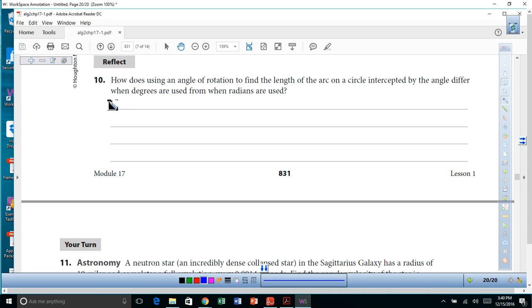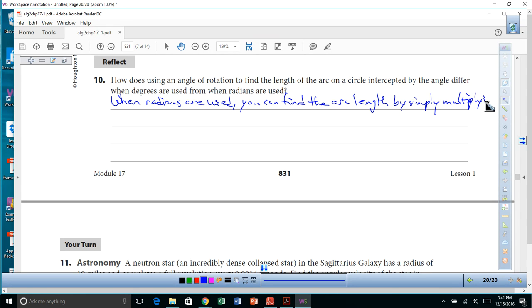So let's see here. When radians are used, you can find the arc length by simply multiplying the radius of the circle times the angle.